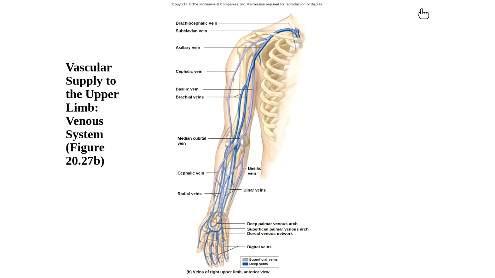But let's start with the darker ones first, which are the deep veins. Here we even see, again, is the axillary vein. That's a good place to locate it. There's the axillary vein. And then we see coming down into the upper arm, and it branches into two branches. We have the brachial vein, and then it becomes the two brachial veins.